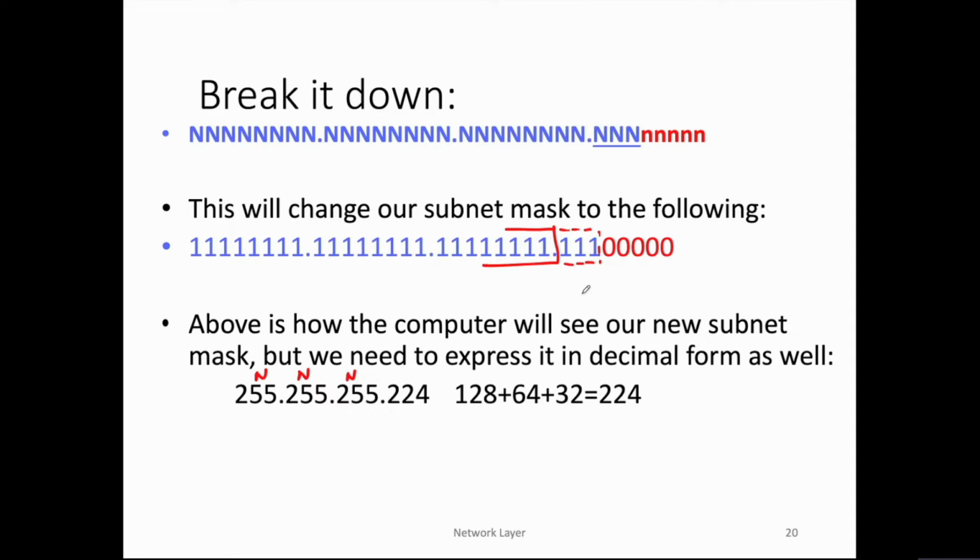So 255.255.255. How many bits are borrowed? 3. The value of this bit is 2 raised to power 7, 128. What is the value of the second bit? 2 raised to power 6, 64. What is the value of this bit? 2 raised to power 5, 32. We add it up together, and the subnet mask now would be 255.255.255.224.